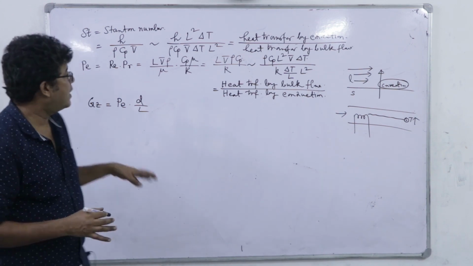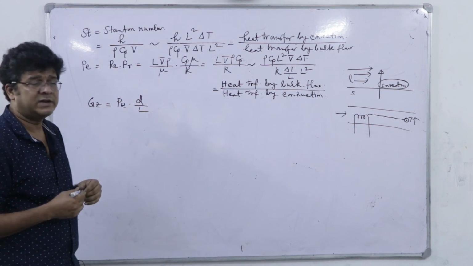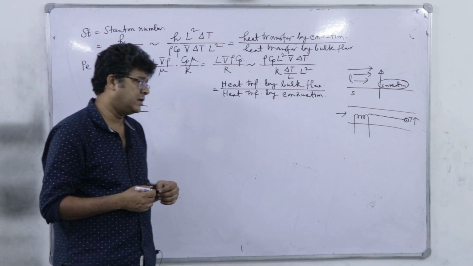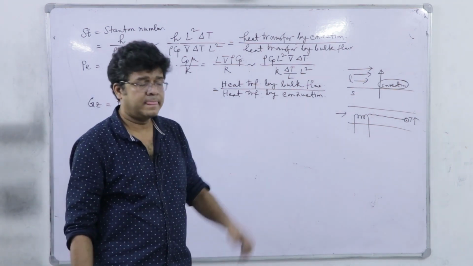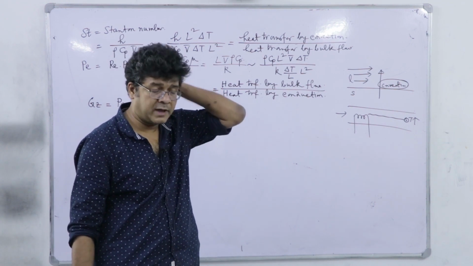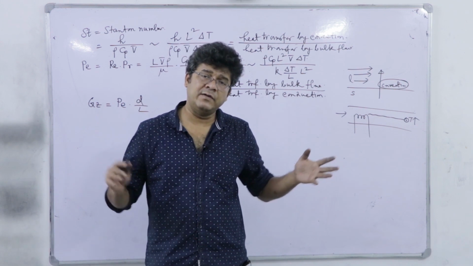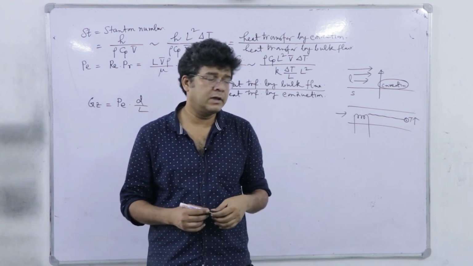Now, what is the most common system we deal with, or geometry we deal with, in process engineering? That is basically flow through a pipe. Think of flow through a pipe or tube, think of heat exchangers, think of boilers, where everywhere we have heat transfer to or from a pipe.